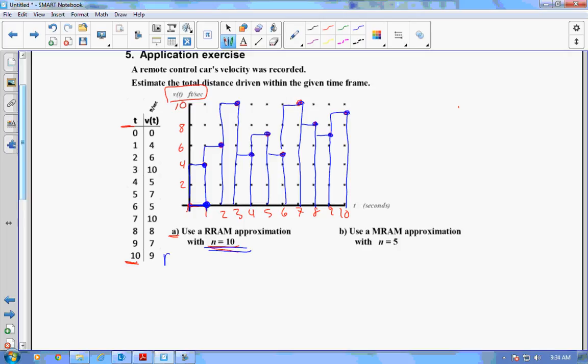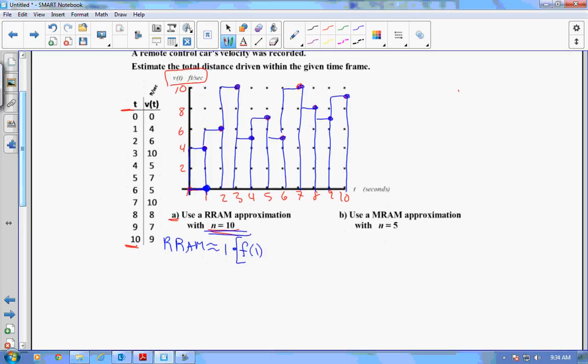So when we do our RRAM, the width is 1 times the heights, which start with f of 1, because we don't use f of 0, because f of 0 is a left endpoint, plus f of 2, plus, I'm going to run out of room, f of 9, plus f of 10. Okay? And then you'd go through and plug those in. Isn't the E-looking thing the sum of the numbers?